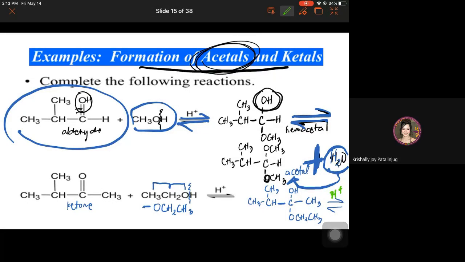So you have CH3, CH. Here is the ethoxy again, CH2, CH3, terminal CH3. Then below, O, CH2, CH3. So this is the ketal. That is the ketal group. And the byproduct again is water. This part will be protonated.